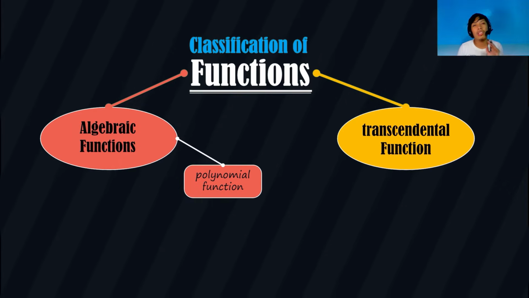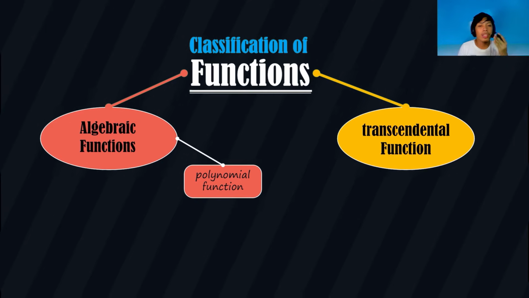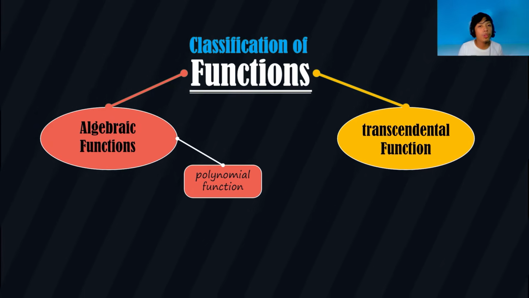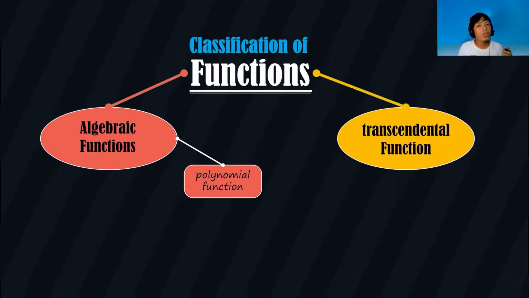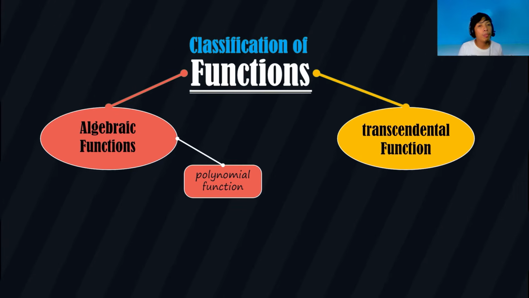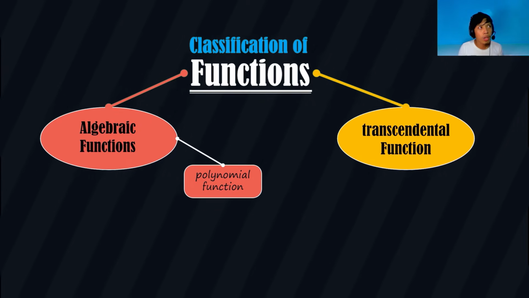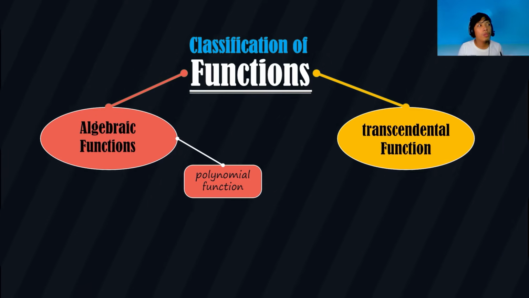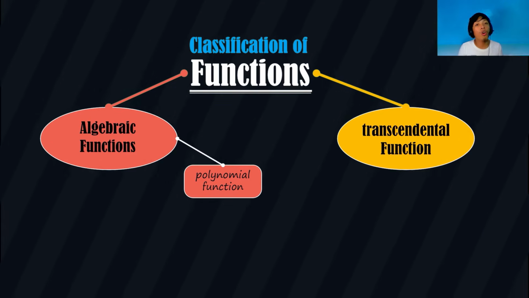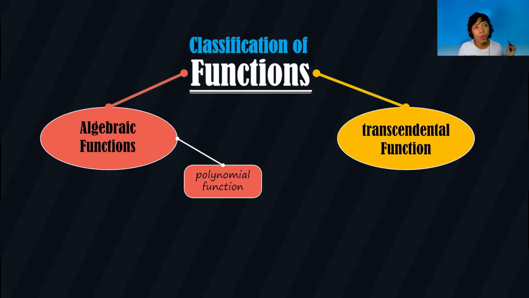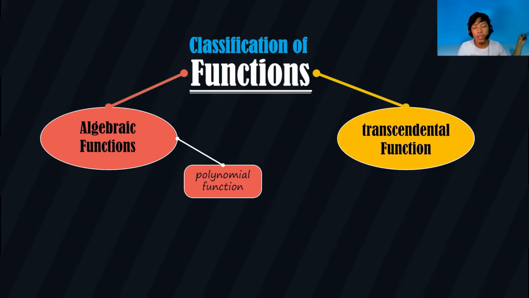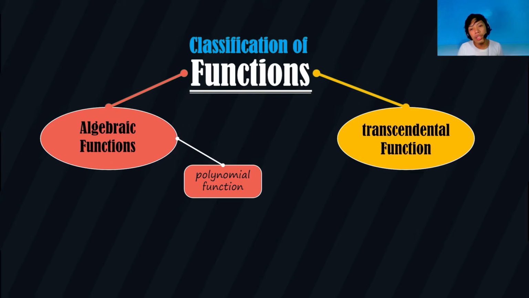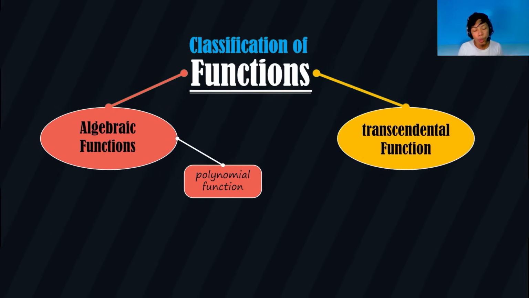So all the x present in a polynomial function should only contain an exponent that is a positive integer, including 0. So 0, 1, 2, 3, and so on and so forth, then that means it's a polynomial function.